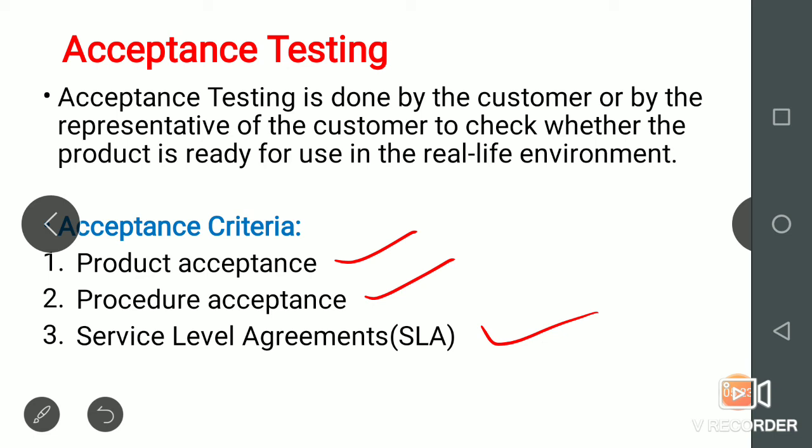For example, the first example is all major defects that come up during the first 3 months of deployment need to be fixed free of cost. The second example is downtime of the implemented system should be less than 0.1%. The third example is all major defects to be fixed within 48 hours of reporting.